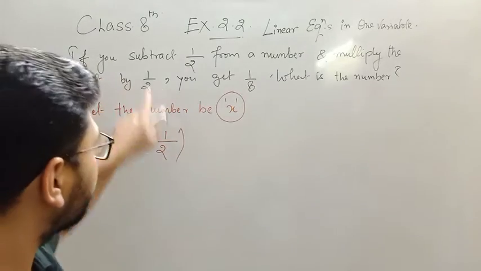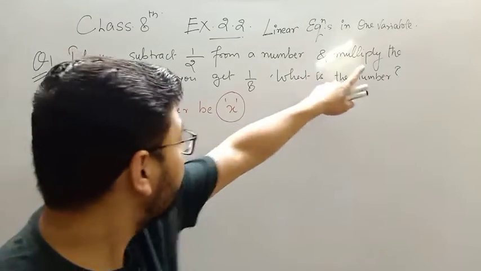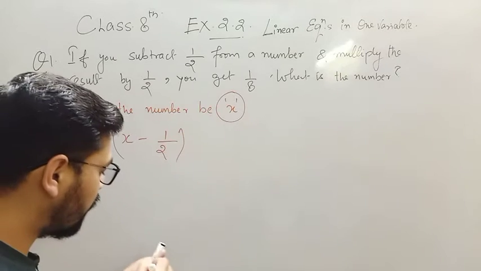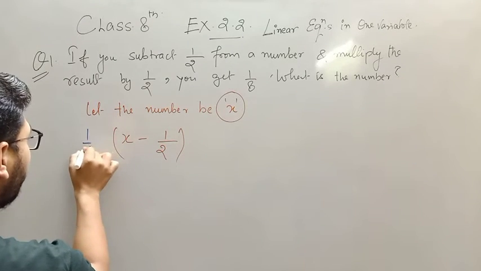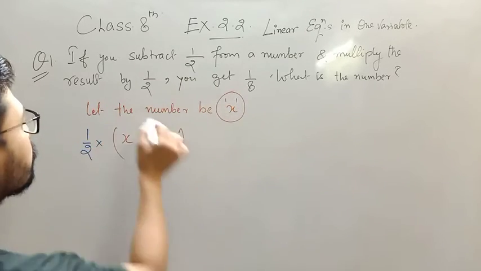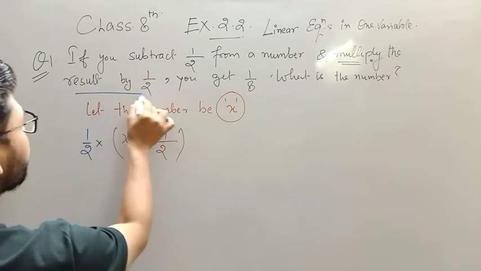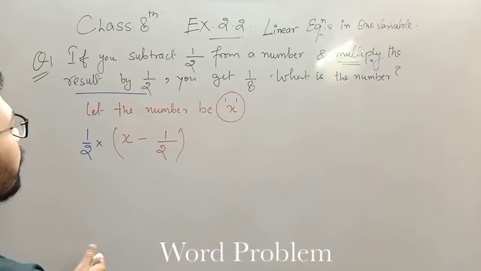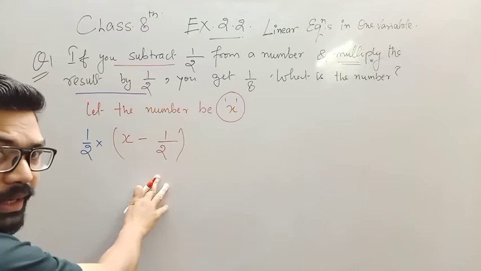So if you subtract 1 by 2 from a number, and multiply the result by 1 by 2. Now this is the result, and now you just need to multiply by 1 by 2. I have just underlined the statements as per the mathematical expressions.